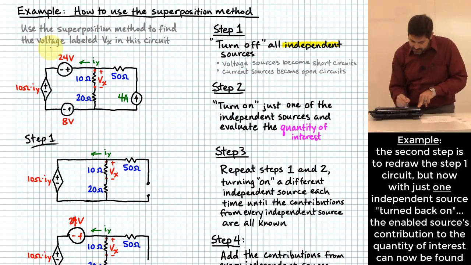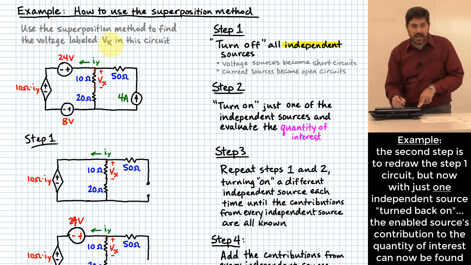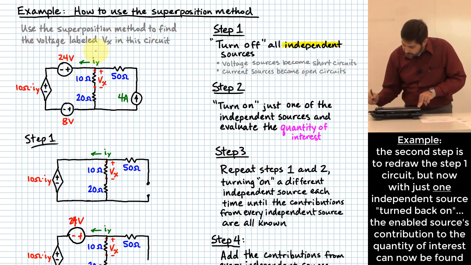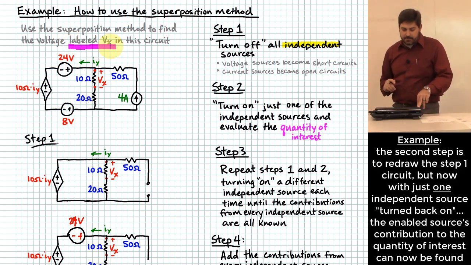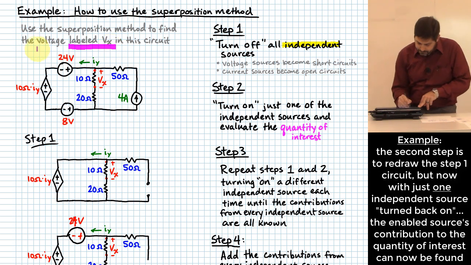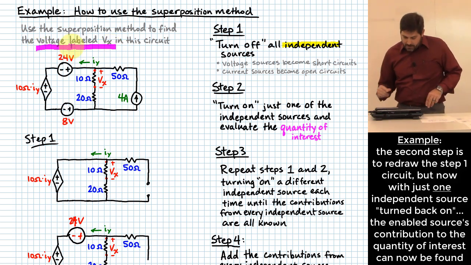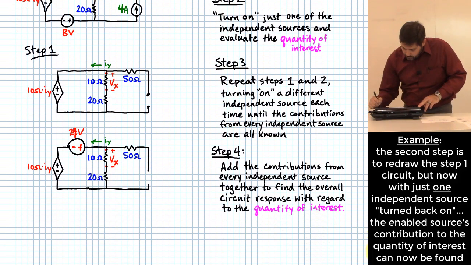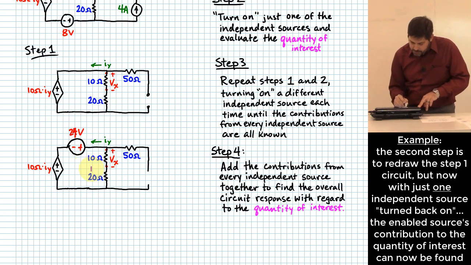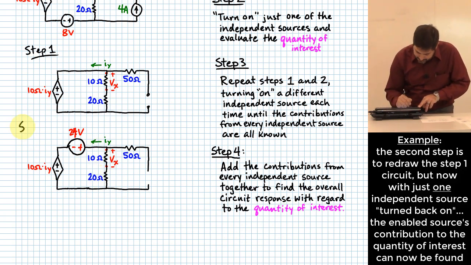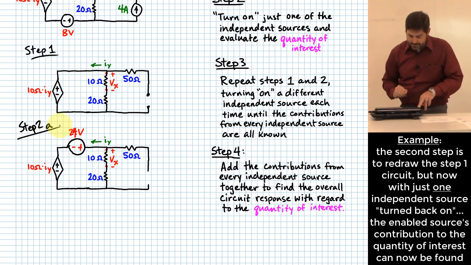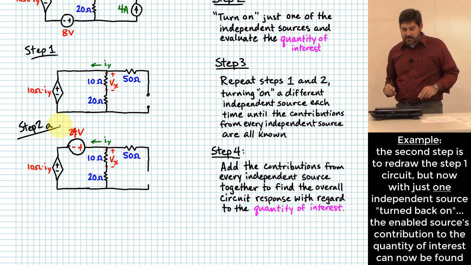So up here it says, find the voltage labeled Vx, right? So that is my quantity of interest, the voltage labeled Vx. All right? So how do I find that for this version of the circuit that I have just shown right here? I'm going to call this step 2A. How do I find Vx for this circuit?